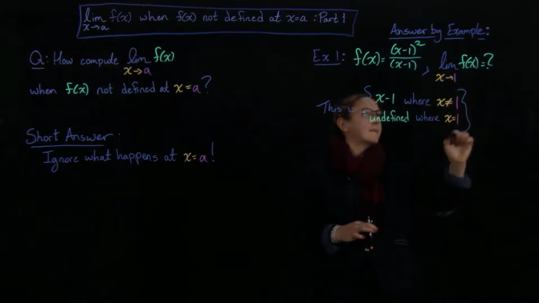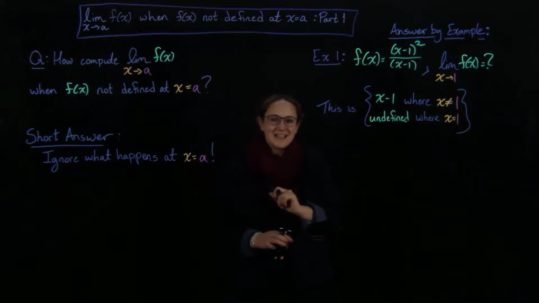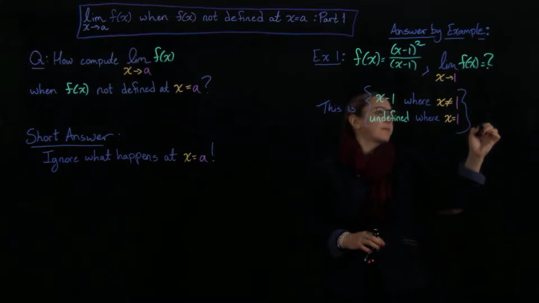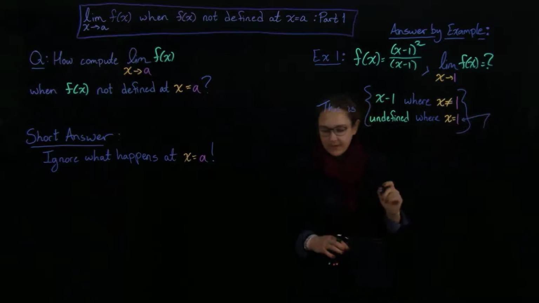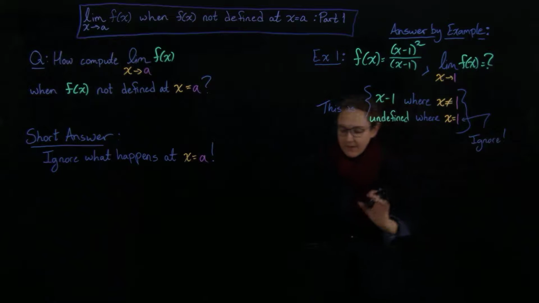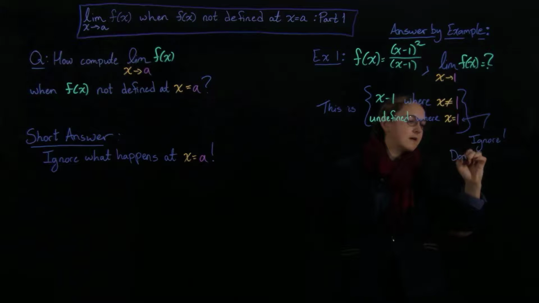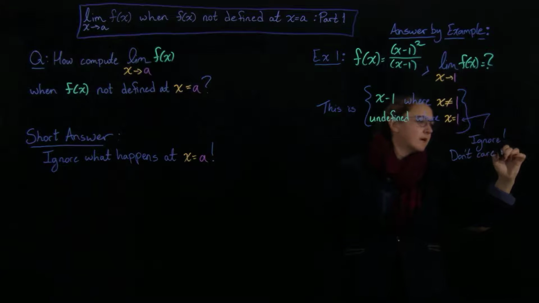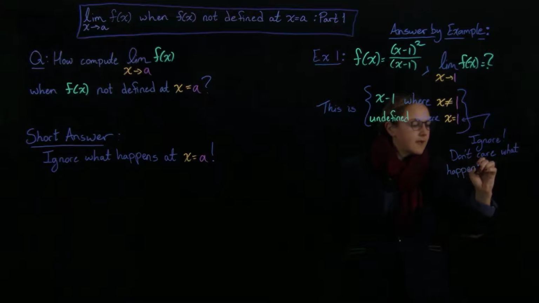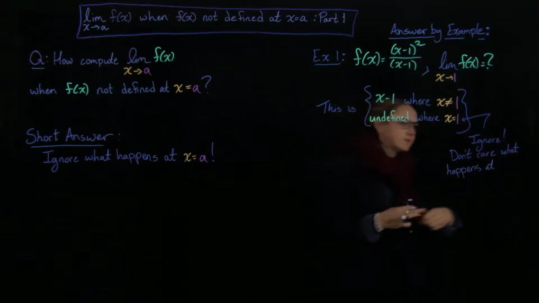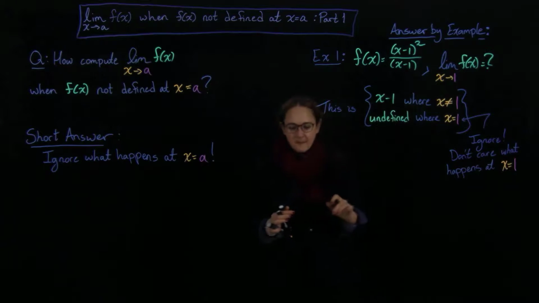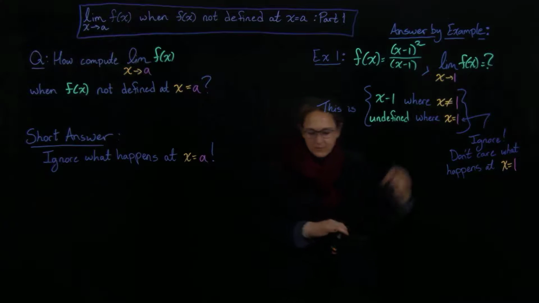However, we said we don't care what happens at x equals a, or at x equals 1. So we can ignore the undefined part, because we don't actually care what happens at x equals 1, which is the same value we're taking the limit at.